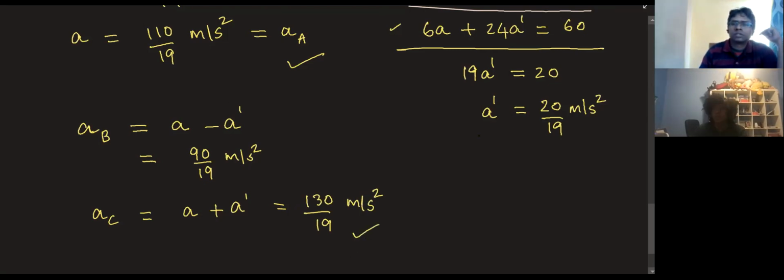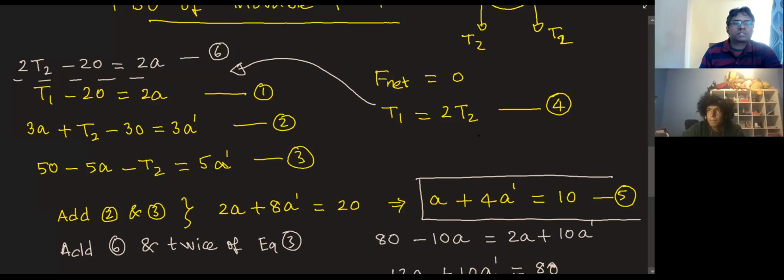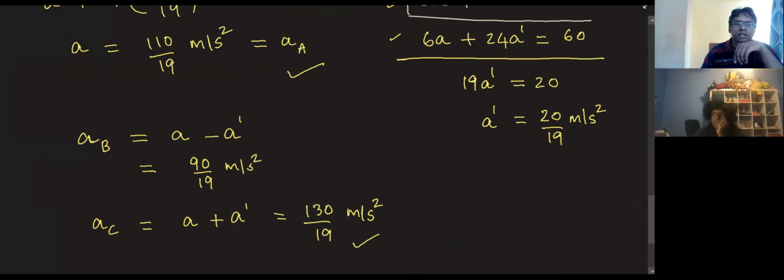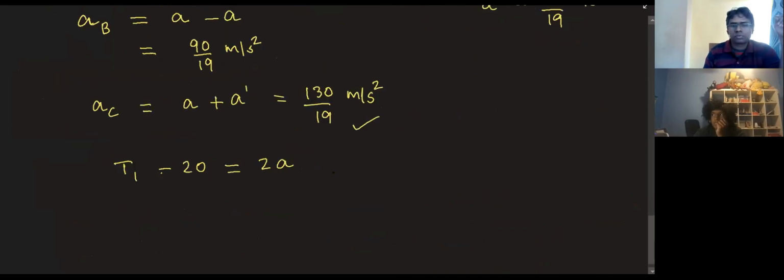Aviram? Yeah. Then, as far as the tensions are considered, if I use this first equation, which says T1 minus 20 is equal to 2A, I can use that to get T1. So we got acceleration A as 110 by 19. So this would be 220 by 19 newtons.